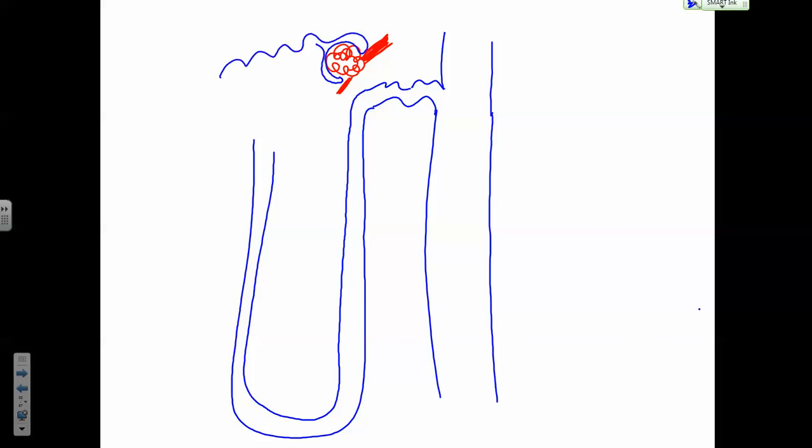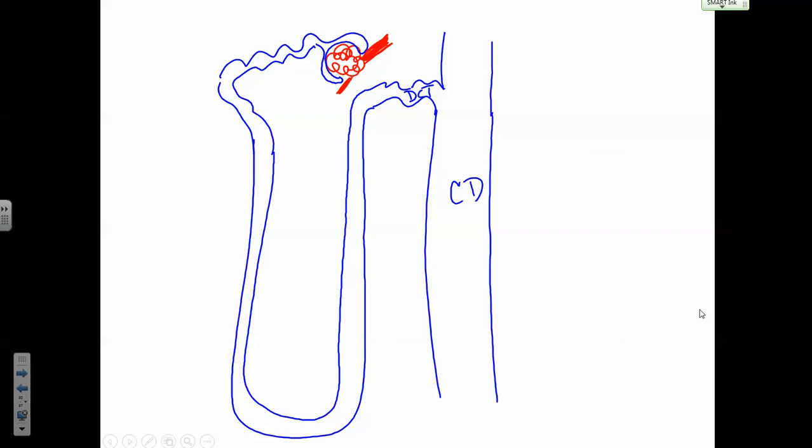And then there's the proximal tubule that leads to the loop of Henle. Does that make sense a little bit? Okay, here's the collecting duct, and here's the distal convoluted tubule. Those are the areas that have receptors for ADH.